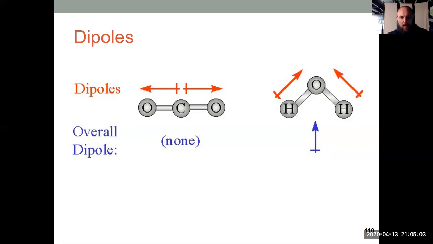H2O is an AX2E2 notation if you draw out that Lewis structure and look at the center atom. So its geometry is bent. These dipoles don't cancel one another out. There's an overall molecular dipole. So both of them have polar bonds, yes, but this is a nonpolar molecule. This is a polar molecule.